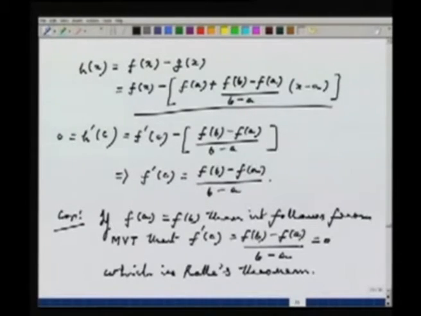So this way the mean value theorem actually generalizes Rolle's theorem: if you put the condition f(a) equals f(b) in the mean value theorem, then Rolle's theorem follows.